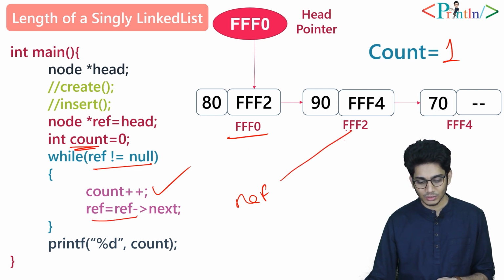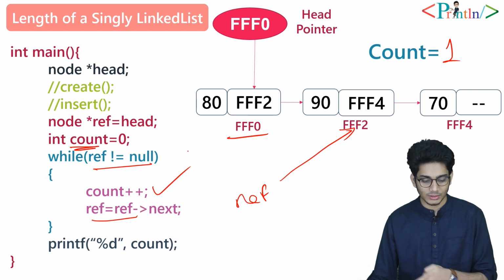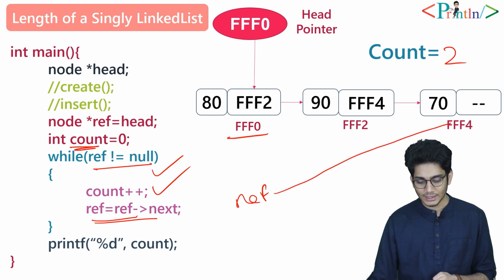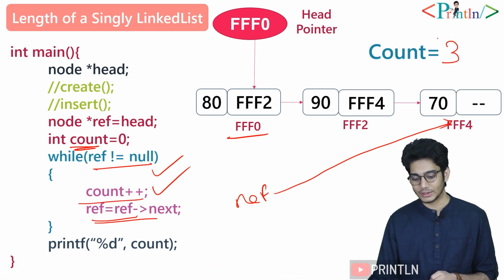It will point to this node. Then it's not equal to null. Then we'll again increment the counter, it will be 2. Then we'll again move the reference pointer, it will point to this FFF4. Now it's also not equal to null. Then we'll increment the counter, now the count is 3.